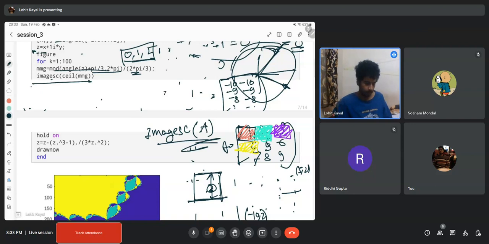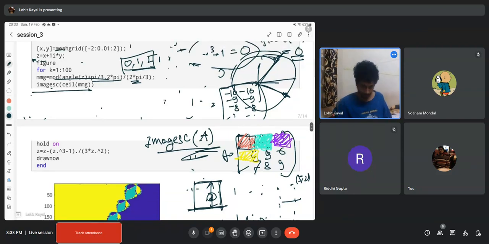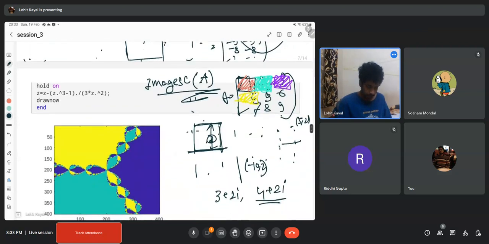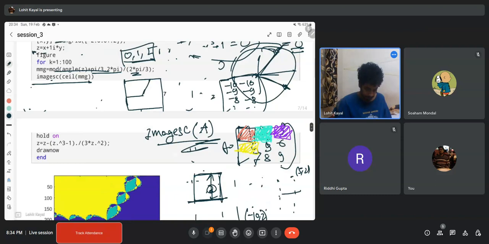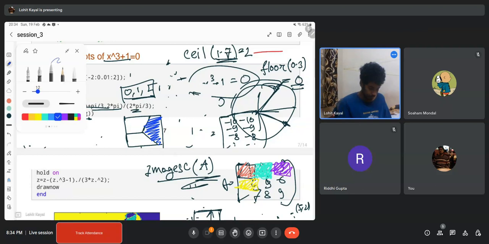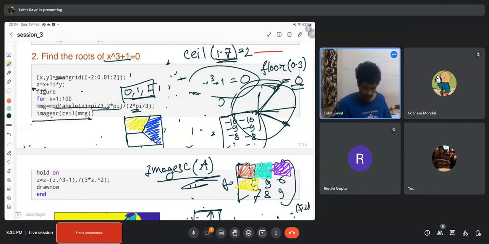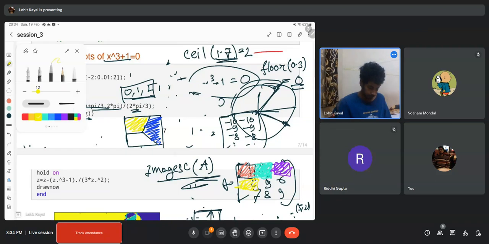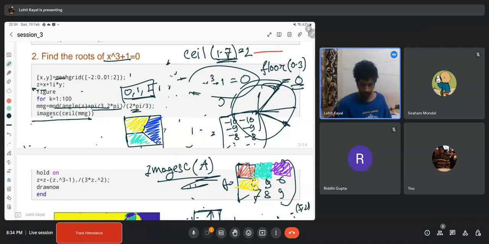Then, I will just plot the image. When I haven't started my iteration, I will get a picture like this. Suppose this is my plot sheet. I will get 3 distinct regions. This part will be blue, this part will be yellow, and this part will be this greenish color.